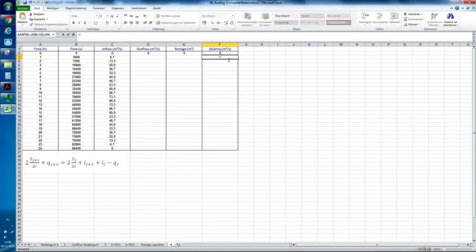So we say this one is equal to 2 times Sj, which will be our storage, in this case 0, divided by our time step, which was 3600, plus Ij plus 1, plus Ij minus Qj.